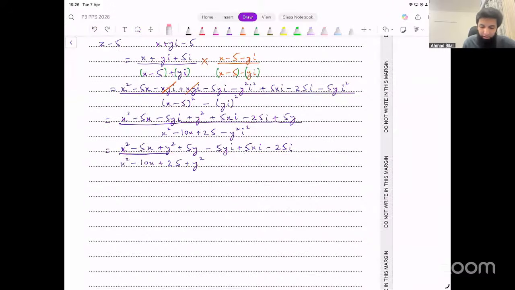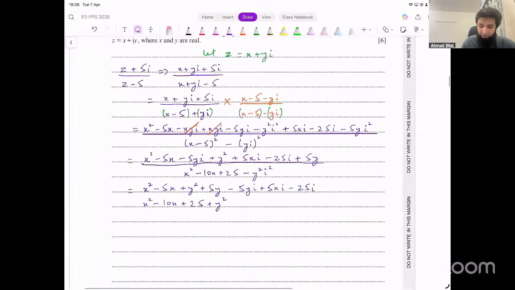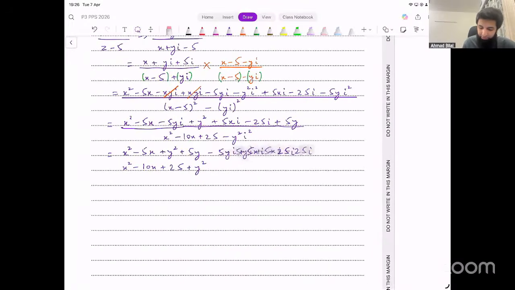And then what about the imaginary part? We could split the fraction into two parts like this, where this is the real part and this is the imaginary part.